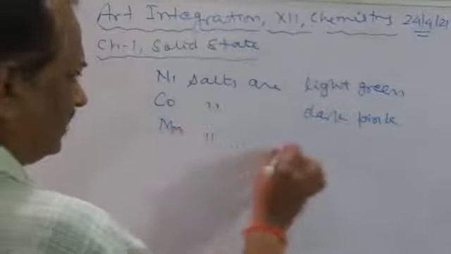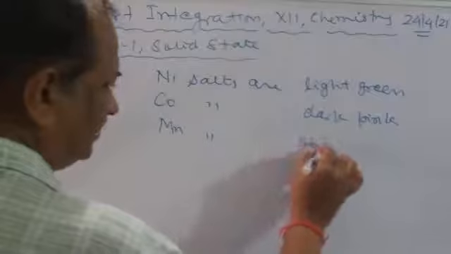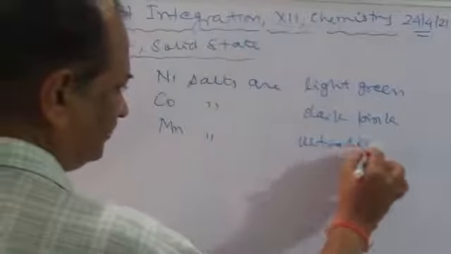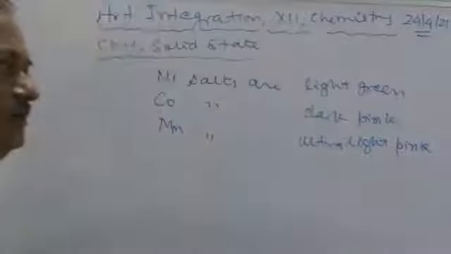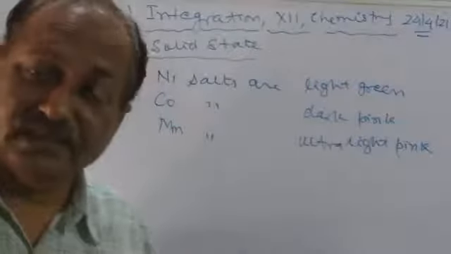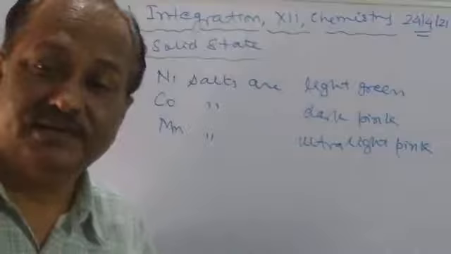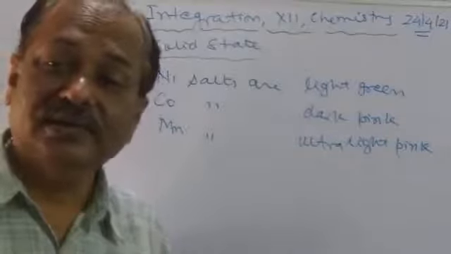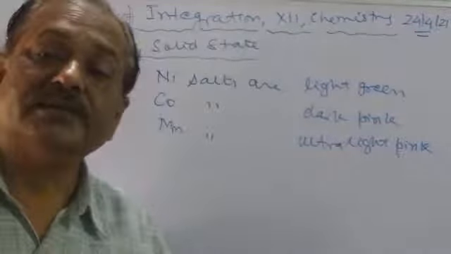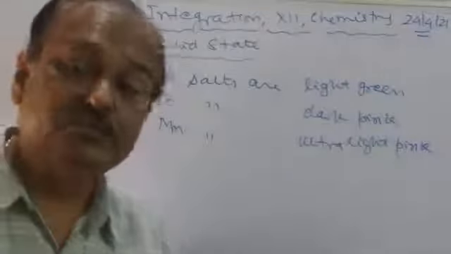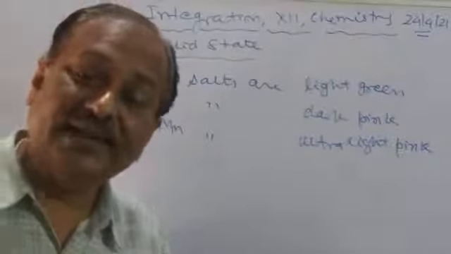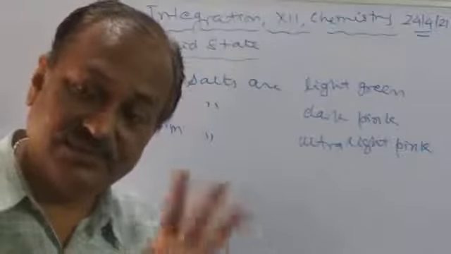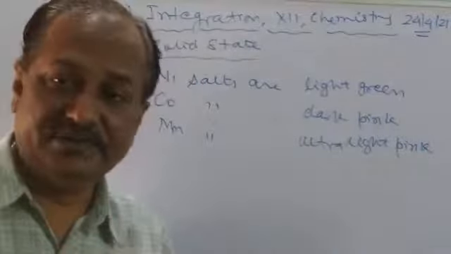Manganese salts are ultra light pink. And the color pattern in any salt is attributed to the light absorbed by the salt and the light reflected. So this is a very simple fundamental point.